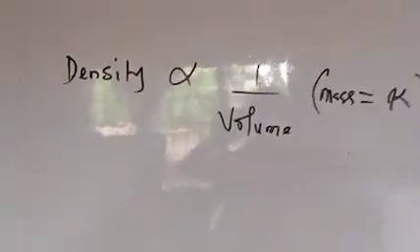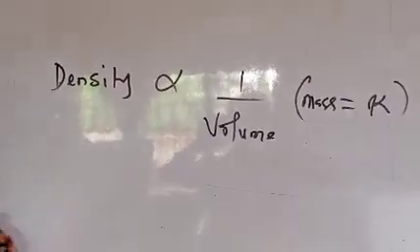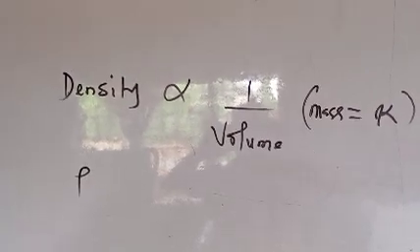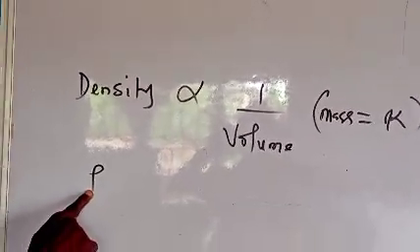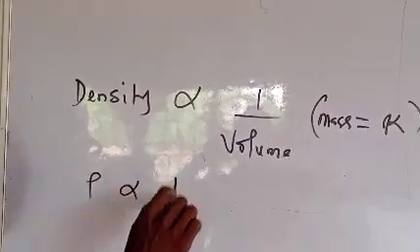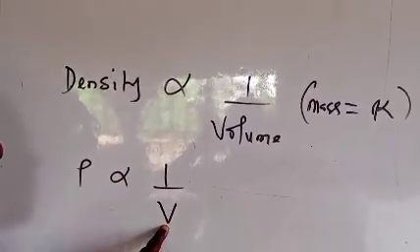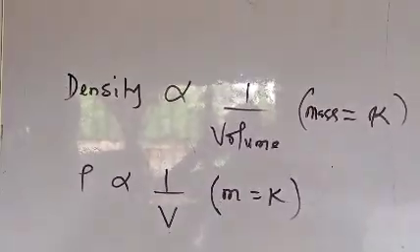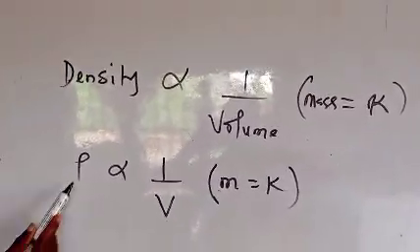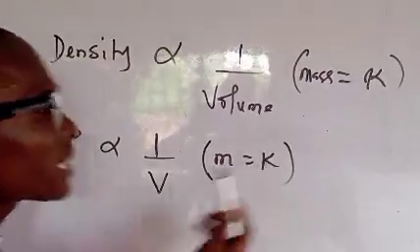And the density of a substance, we denote it using this symbol. This is the symbol for density, varies inversely as volume, with mass M constant. This is the symbol for density, this is the symbol for volume, and this is the mass that is constant.